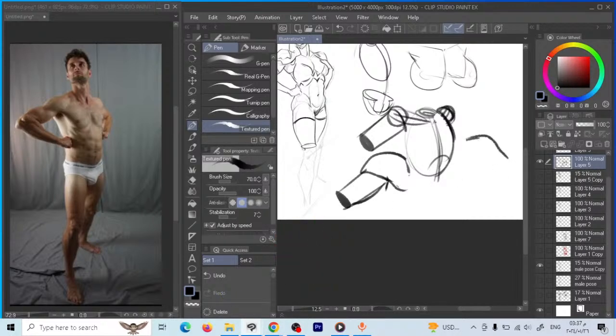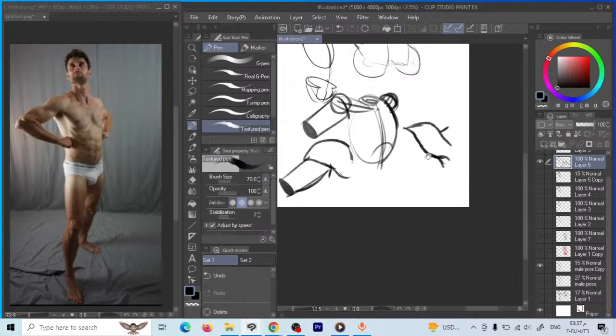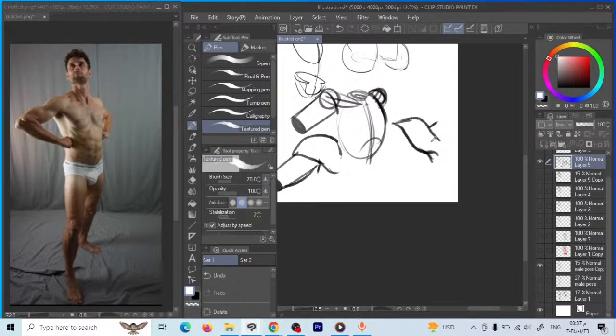The shoulders are just going up and then wrapping, leaving some part. Sorry, I don't know, things got messed up.